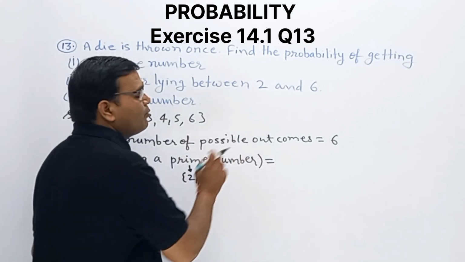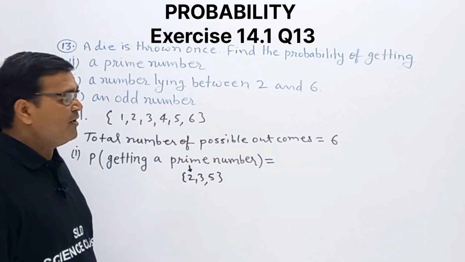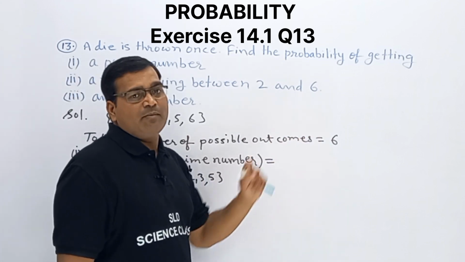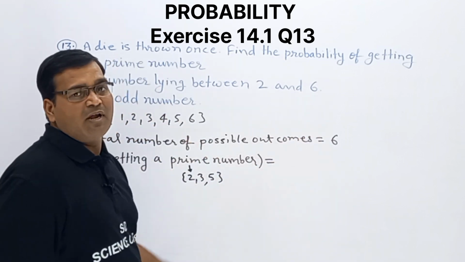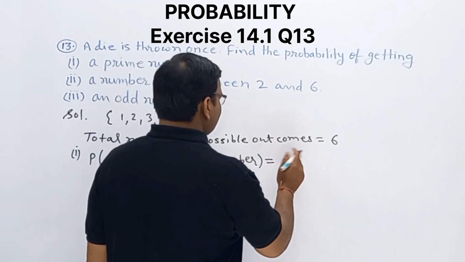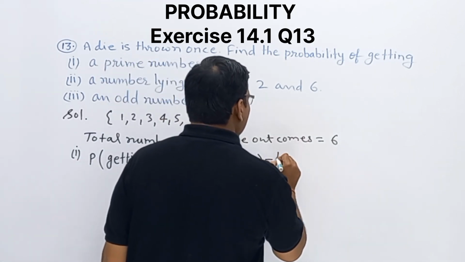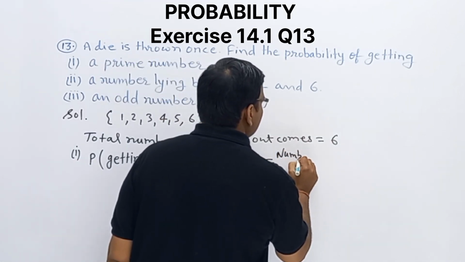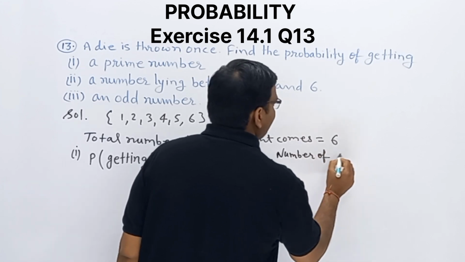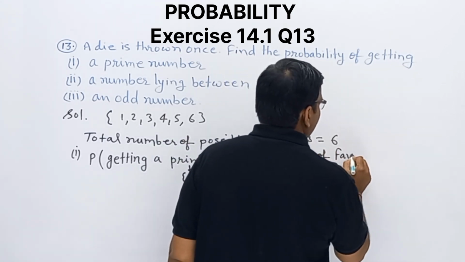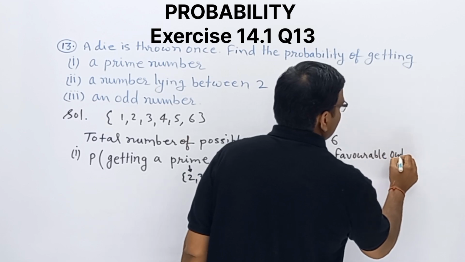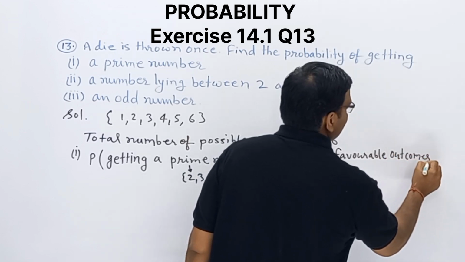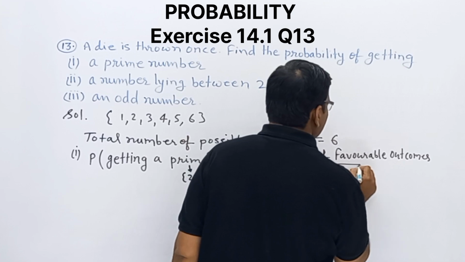So what is the formula of probability of an event? Number of favorable outcomes divided by total possible outcomes. For a prime number, we have 3 favorable outcomes: 2, 3, 5.